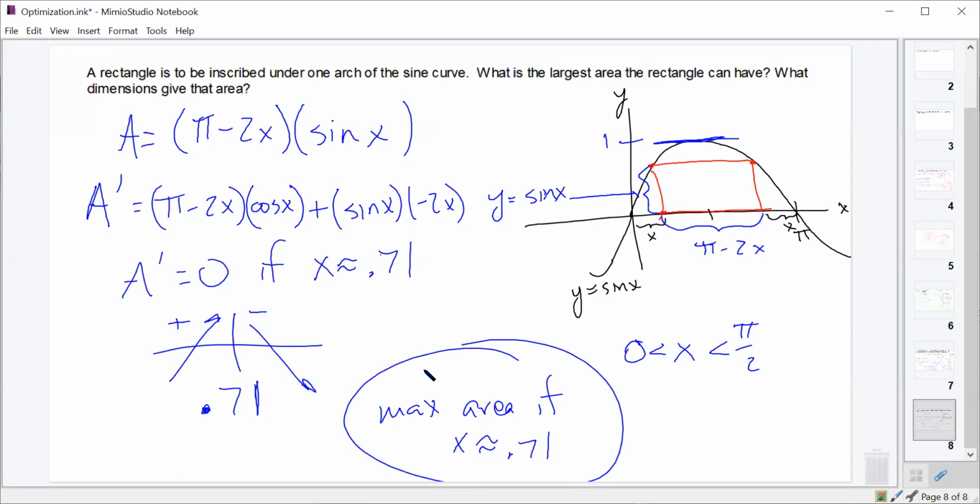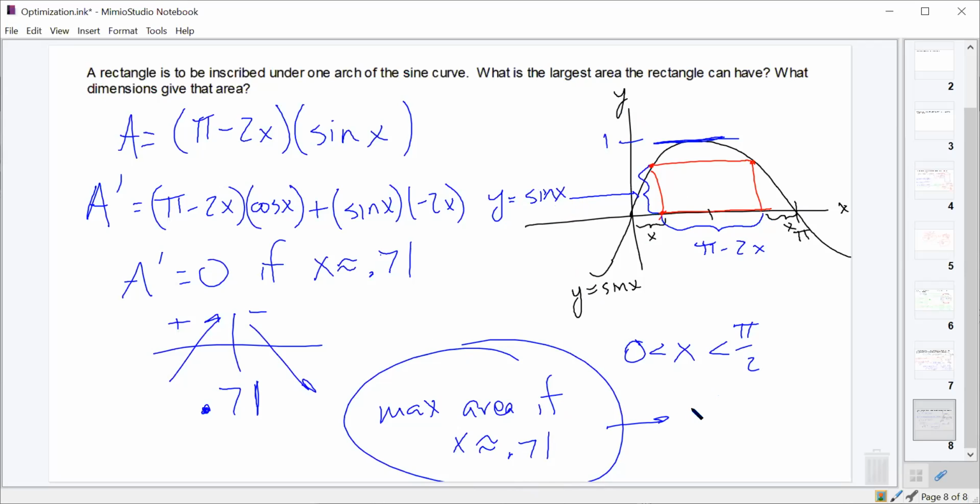And I know it asks for the dimensions. I mean, you could go back in and find the sine of 0.71. That'd be your y value. Your length would be pi minus 2 times 0.71 for your width. And the area would just be the value you get when you multiply all those.